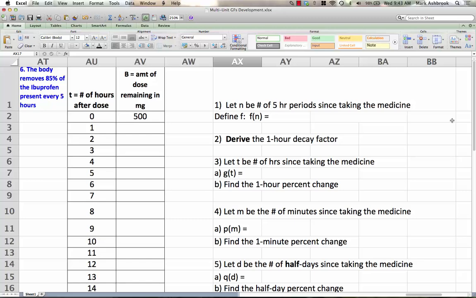And it's the number of 5 hours. I guess doses. That is the number of 5-hour periods.